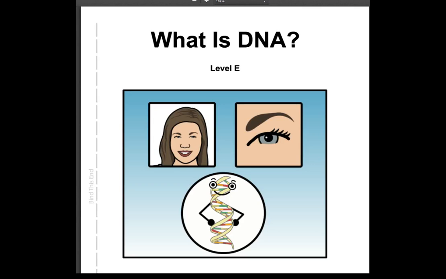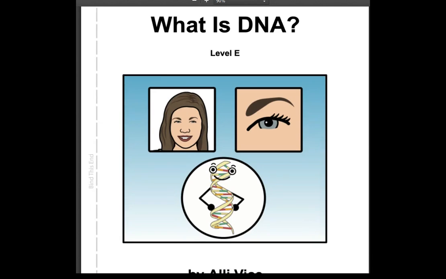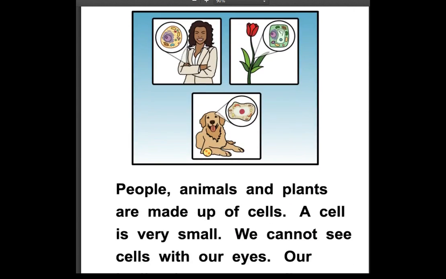Our introductory chapter. What is DNA? People, animals, and plants are made up of cells. A cell is very small. We cannot see cells with our eyes.